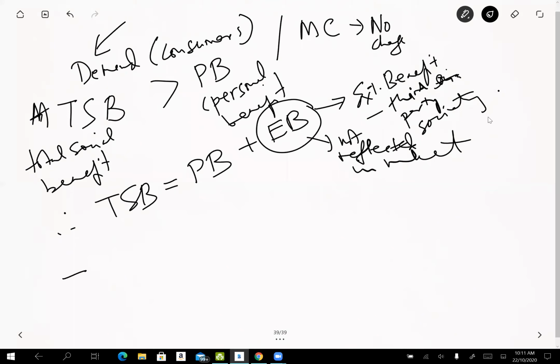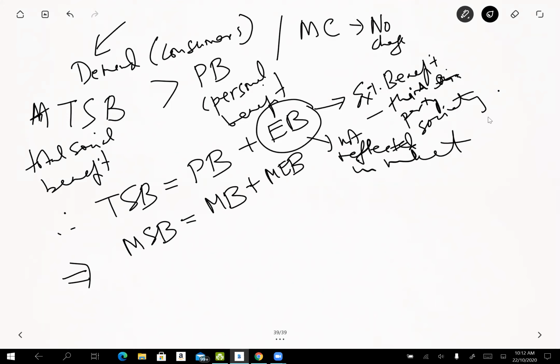So we go by the same process. You take the marginal, then the marginal social benefit will be larger than the personal marginal benefit, plus the marginal external benefit.